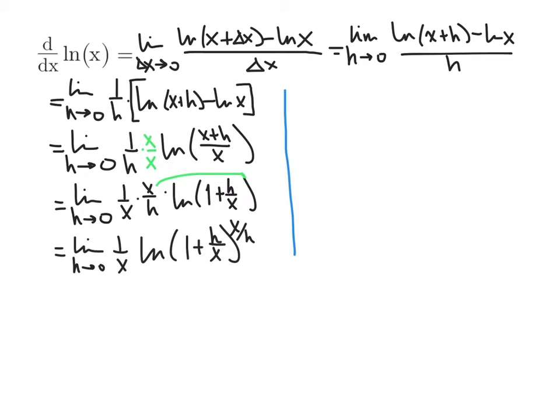What I'm going to do is define this variable n as being h over x. And what that would mean is that 1 over n would be x over h. And we can use that in our limit.